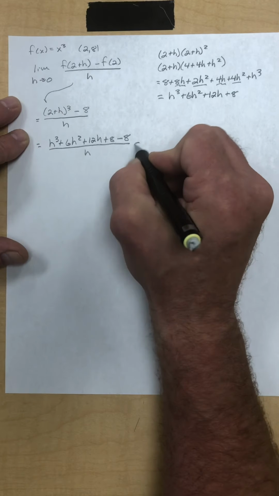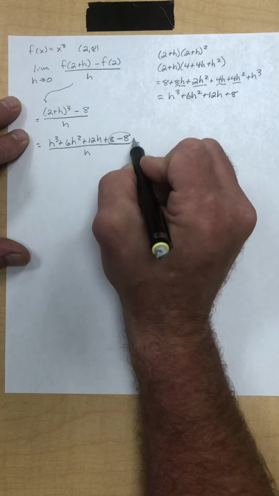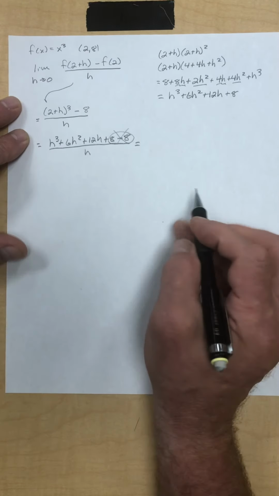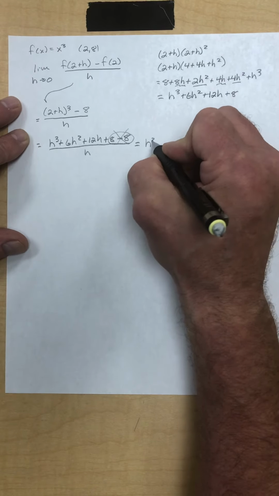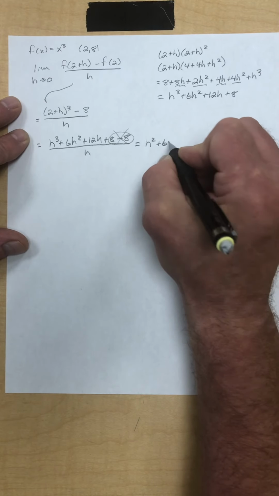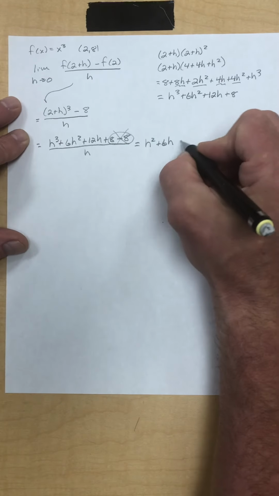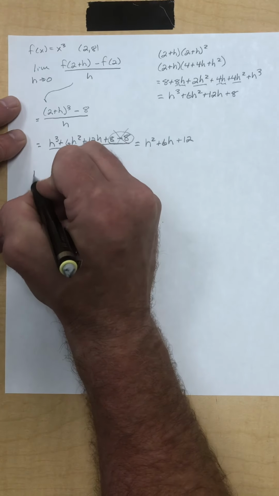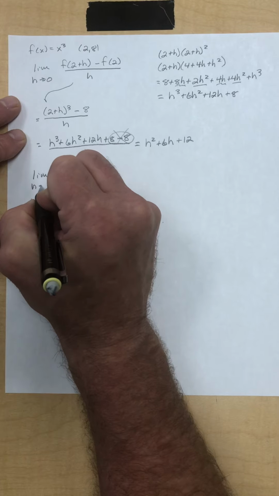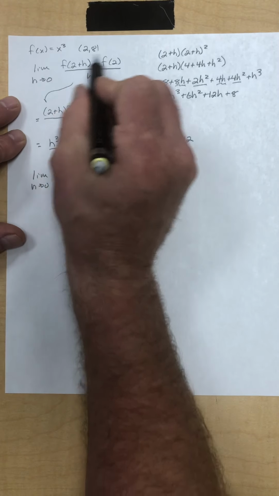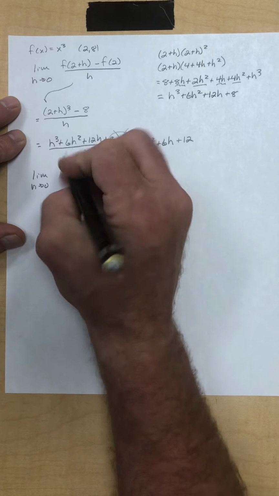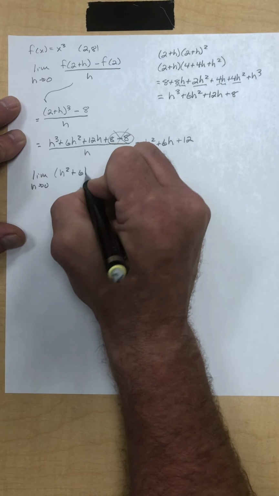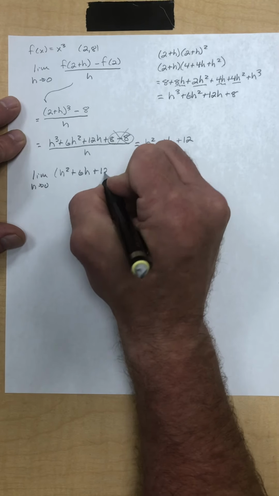all over h. Okay, so these guys go away, and then notice everything else I can divide by h, so I'm going to get h squared plus 6h plus 12. Okay, and then we take the limit as h approaches 0. Obviously we started here, we simplified everything, and I have h squared plus 6h plus 12.